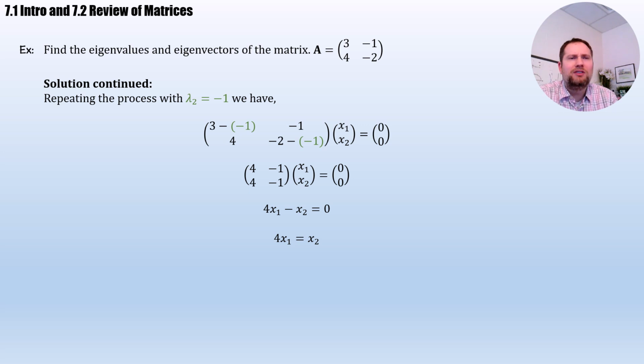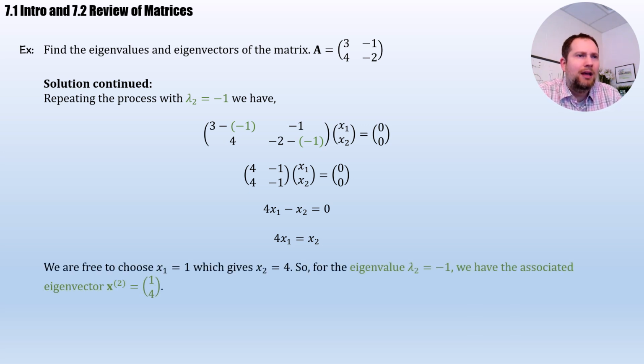So let x1 be 1, let's say. We're free to pick whatever we like for one of them and then find the other, right? Just pick some convenient numbers. Picking 1 for x1 is, I think, a good choice. And now we have that other eigenvalue, eigenvector pair.